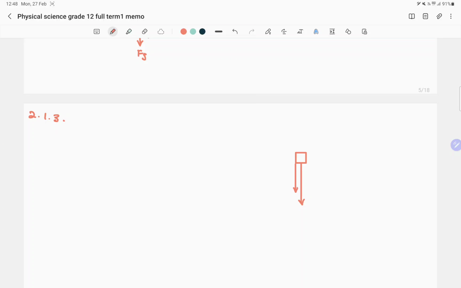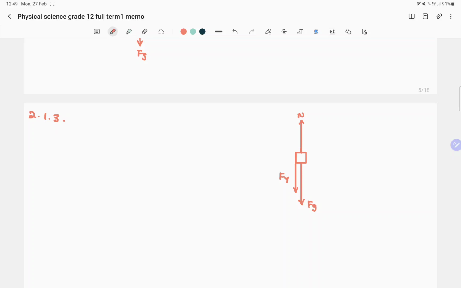It doesn't matter which one is bigger than the other. I'm not really interested. So this is going to be the Fy. This is the Fg. And then, of course, these together are being opposed by the normal force, which should be exactly equal to the sum of the 2.